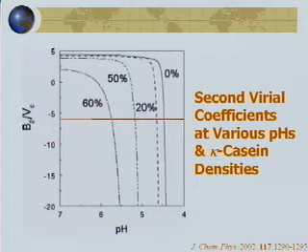So the authors just substituted the total interaction in the expression and calculated second virial coefficients. And this figure shows the second virial coefficient as a function of pH at different percentages of kappa casein cleaved from the surface. 0% here means 0% of kappa casein being cleaved, so it's the original identity of the milk. As you can see, the red line stands for a B2 value around -6.